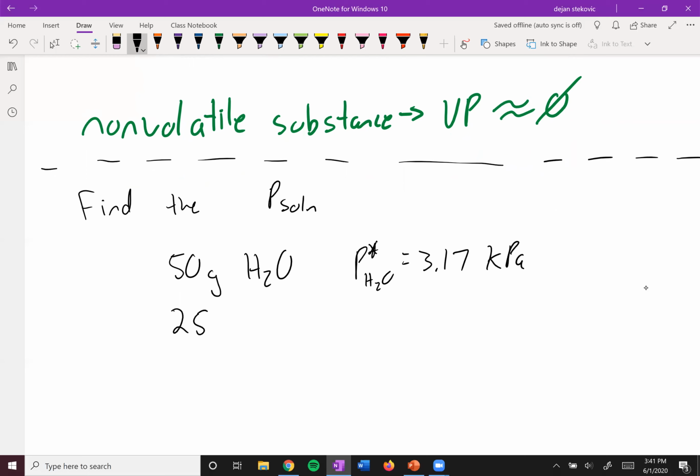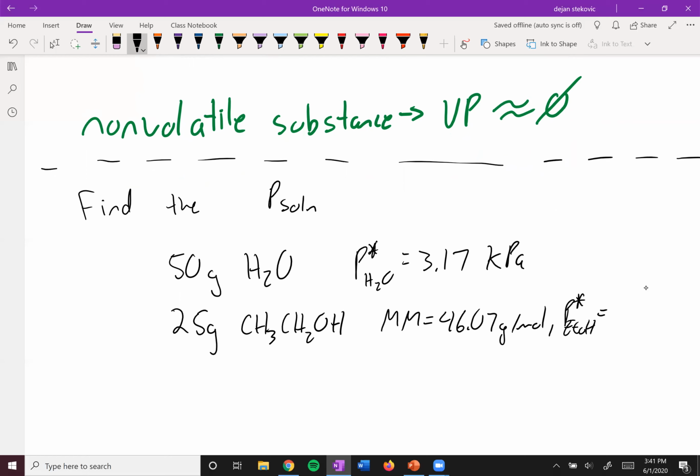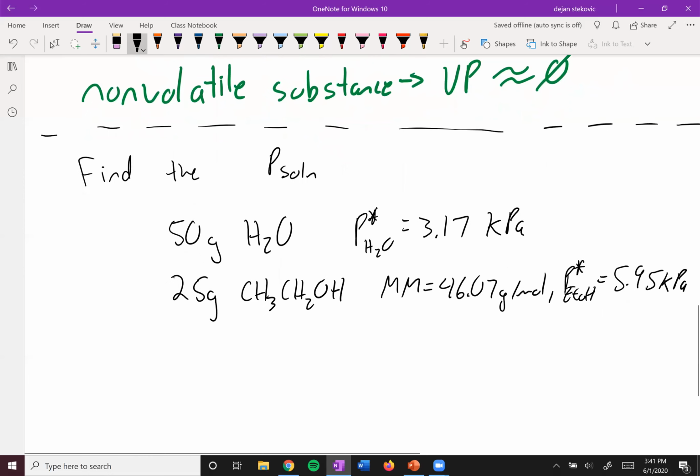You have 25 grams of ethanol, CH3CH2OH. Its molar mass here is 46.07 grams per mole. And it has a vapor pressure of the pure stuff of 5.95 kilopascals.